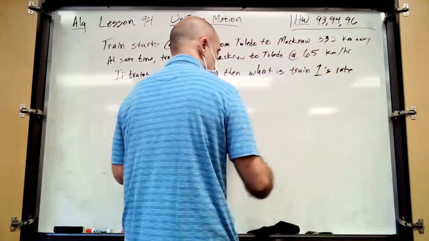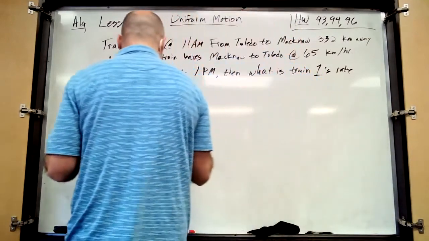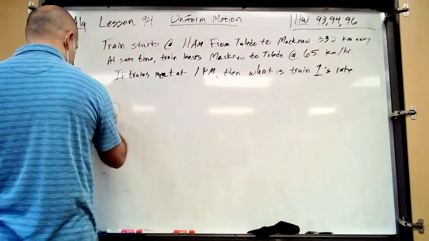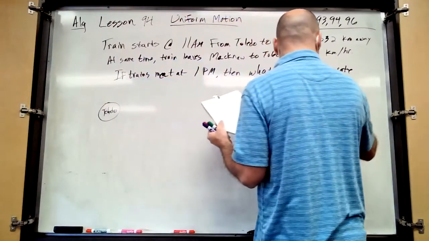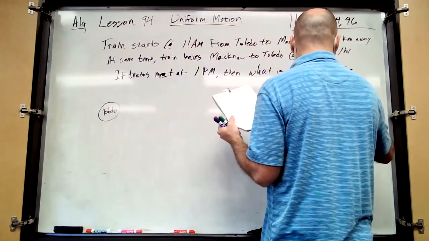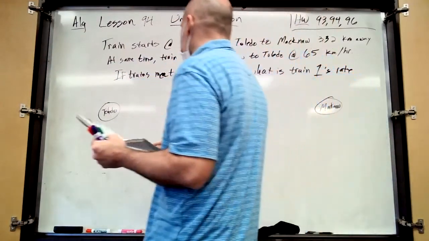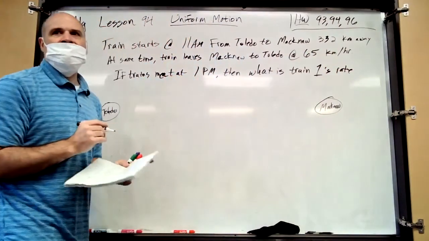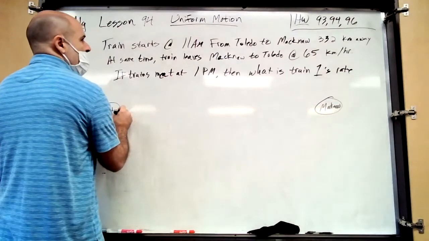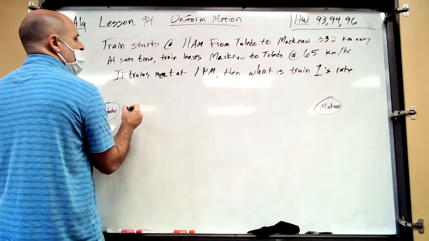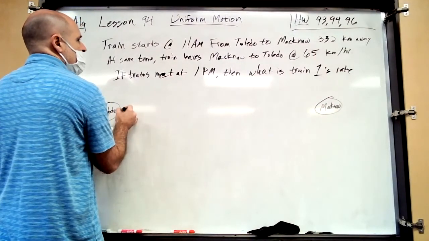So let's write our diagram here. Here's Toledo. Here's Mackinac. So this is train one. We'll call it train Toledo. You guys good with that? I don't know which one's going to be faster.